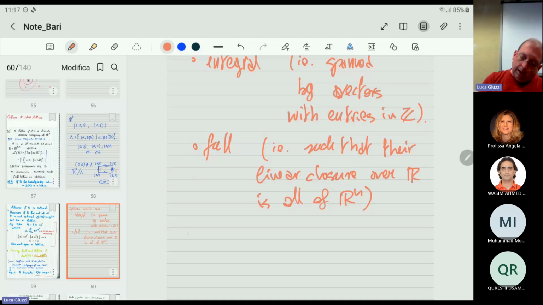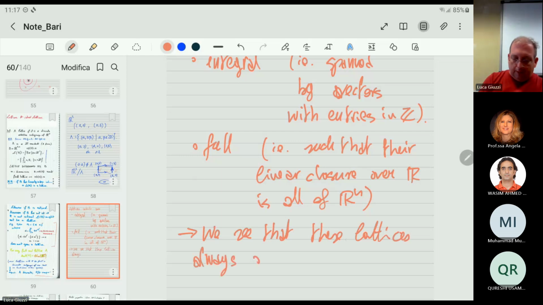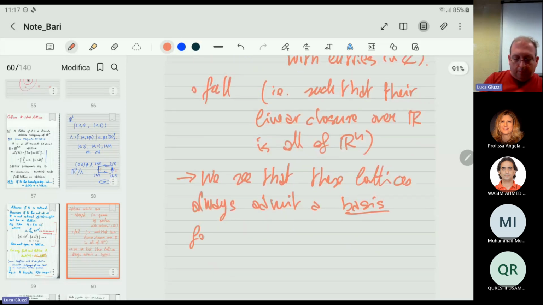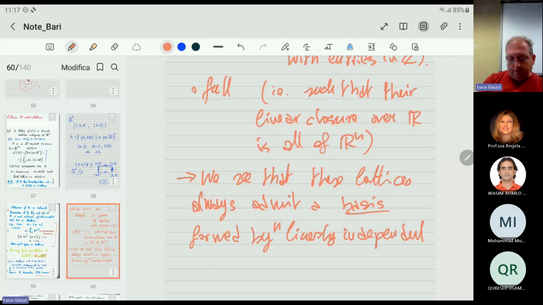And in this case, we see that these lattices always admit a basis, a basis formed by n linearly independent vectors in Rn.